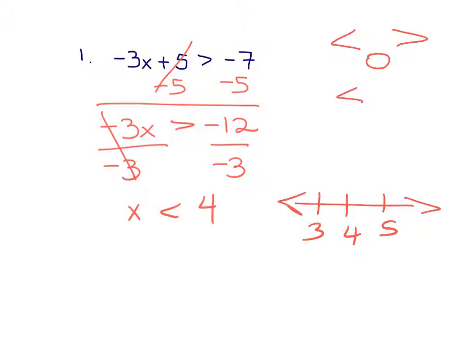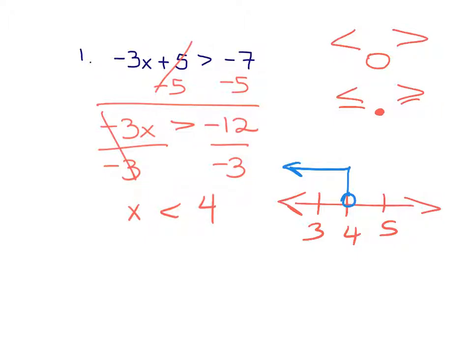When it's got the or equal to, we would put the closed circle. So this one was a less than symbol. So I would have put an open circle on the 4, meaning that this is my starting point, and then all numbers that are going to be less than 4, and I would point it in that direction.